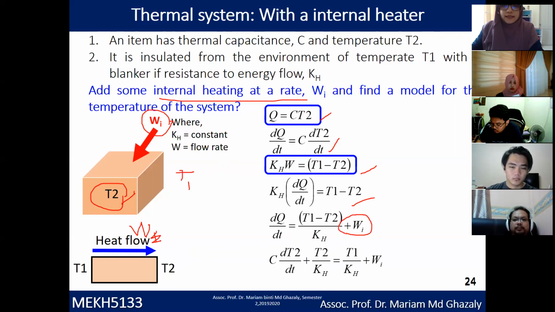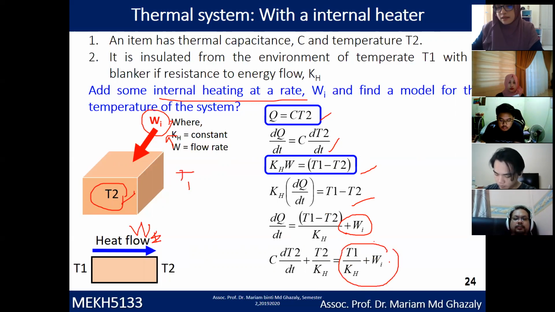Now you add the external heating, omega Wi. When you rearrange it, on the right hand side you have T1 over KH, which is the source, the environment temperature over the constant value KH, plus the external heating rate Wi.